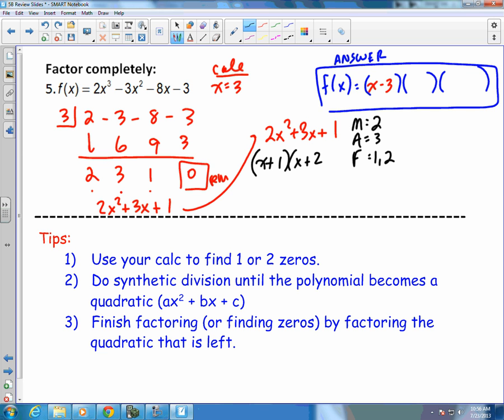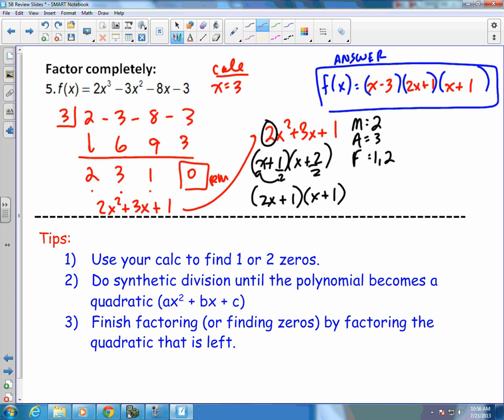So x plus 1, x plus 2. Lead coefficient of 2, divide each of these by 2. That doesn't reduce, so I'm going to call that 2x plus 1. This is going to give me x plus 1, because 2 divided by 2 does reduce. So my final two factors are 2x plus 1 and x plus 1.